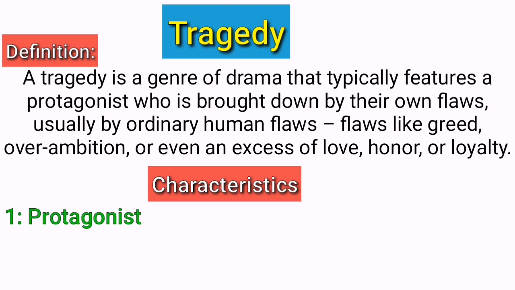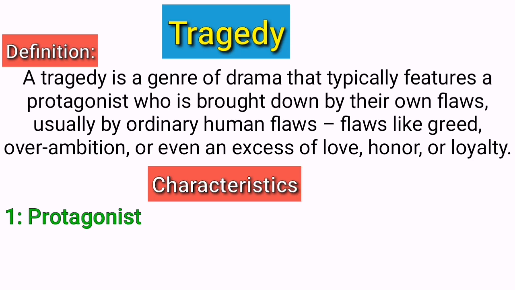Protagonist. What does it mean by a protagonist? Simply, it means that a protagonist is a hero who is brought down by his own flaws. Basically, he is usually a good person, but he has a flaw that ultimately leads to his downfall. This flaw is often called a tragic flaw, a hamartia, or an error of judgment.